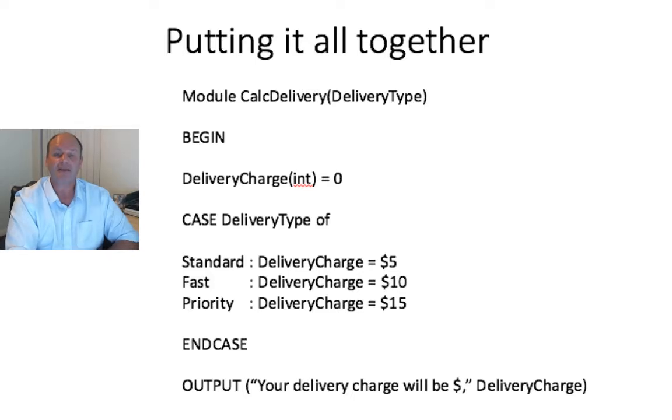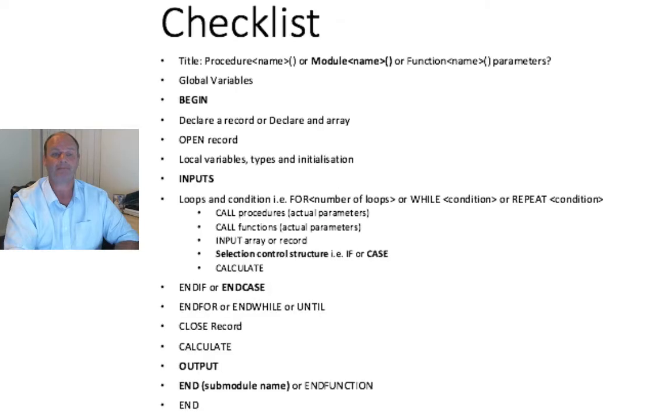This particular problem specifically asks for us to output the result in this submodule. Normally, the calc delivery module would have a second parameter next to delivery type, and this would be a by reference parameter called delivery charge, and the result would go back to the main module and be displayed there.